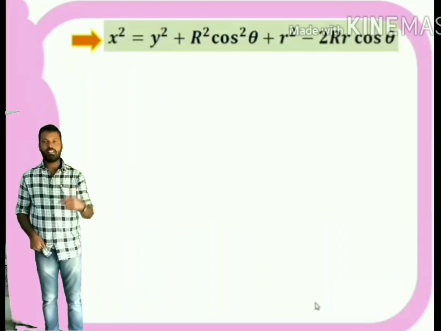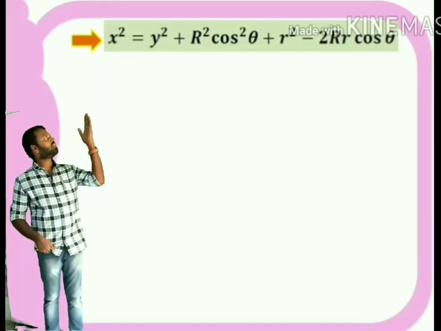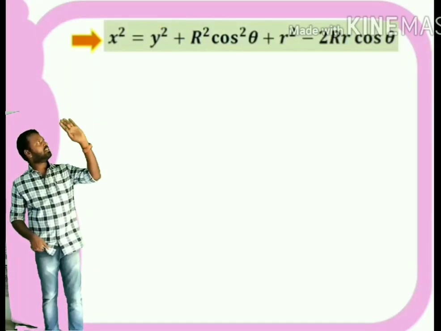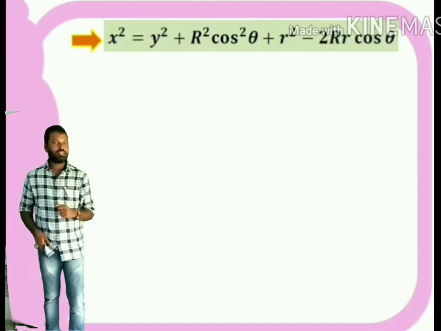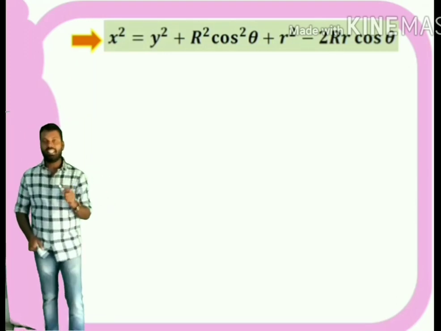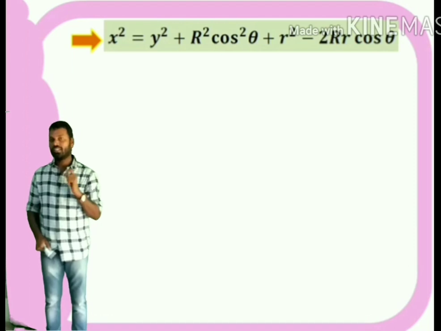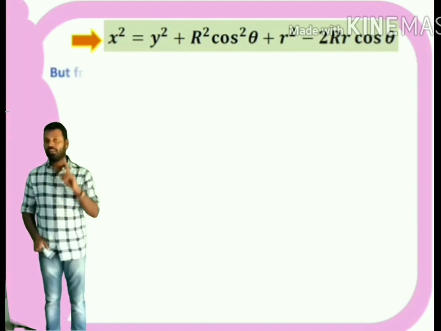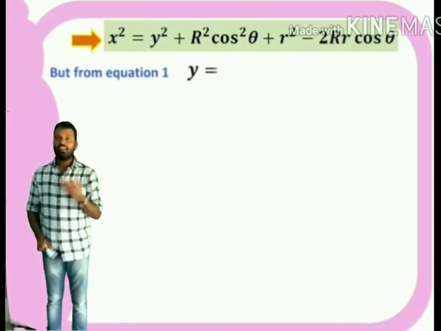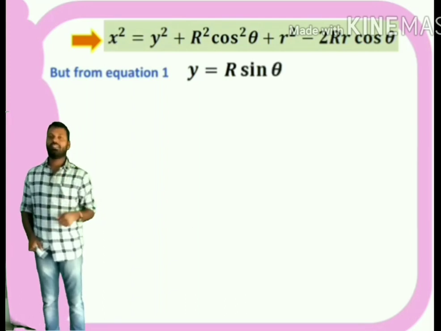If I expand it, then what will I get? X square is equal to y square plus R square cos square theta plus R square minus 2Rr cos theta. But from equation 1, what is y? R sin theta. Substitute here.